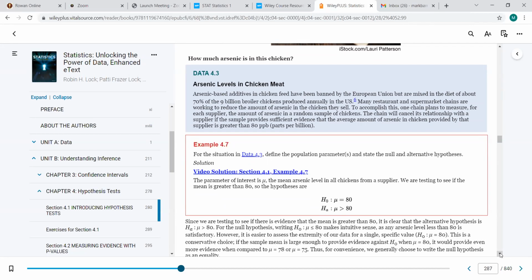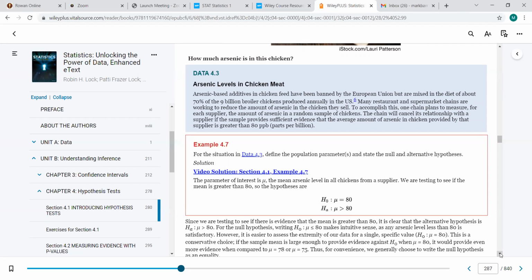Now, this is a little scary when you read it because in the European Union, arsenic additives that are added to chicken feed are banned, but it's not banned in the United States, which is kind of scary. So many of the chickens that you get in restaurants could have arsenic in it. Now, the question is, how much arsenic is safe?